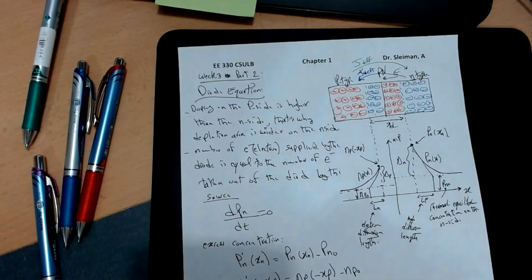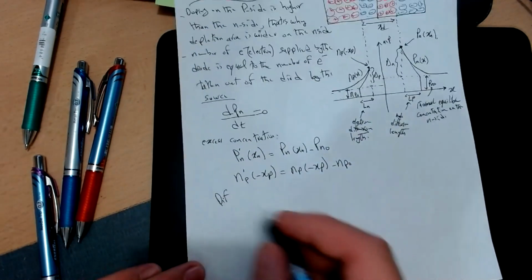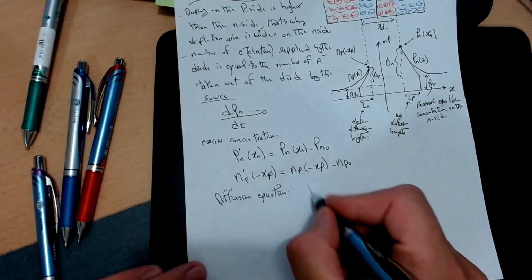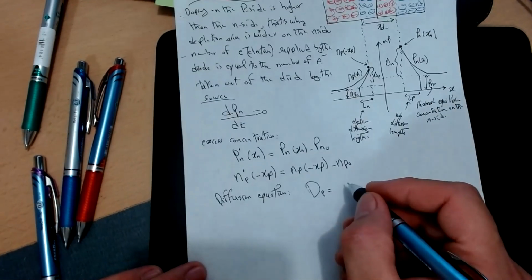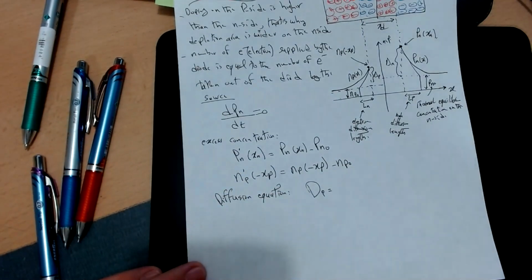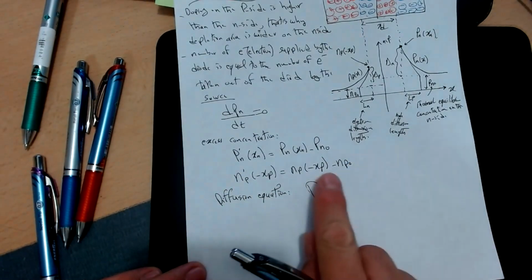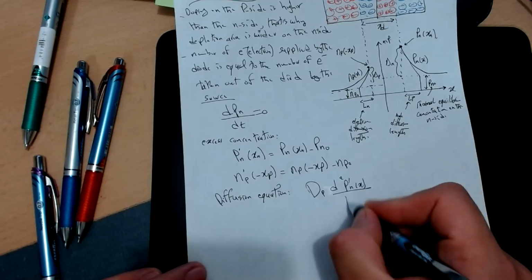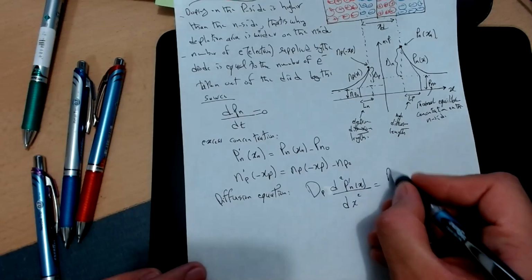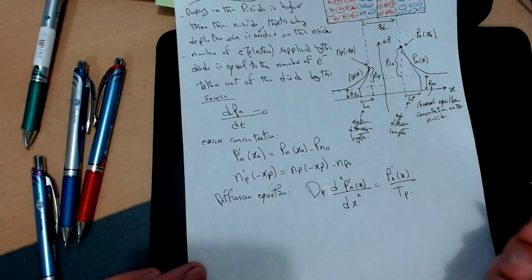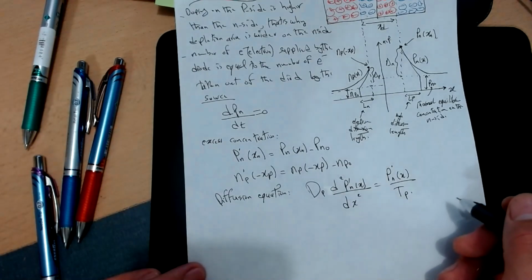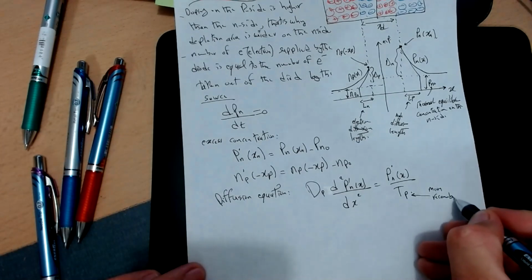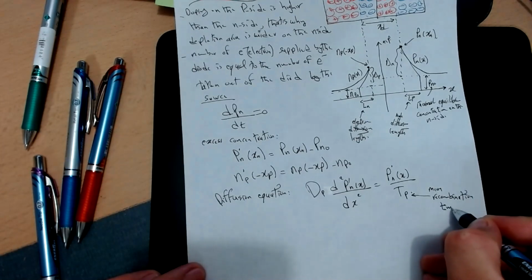For the diffusion equation on the n side, d squared pn of x over dx squared equals pn of x over the mean recombination time.